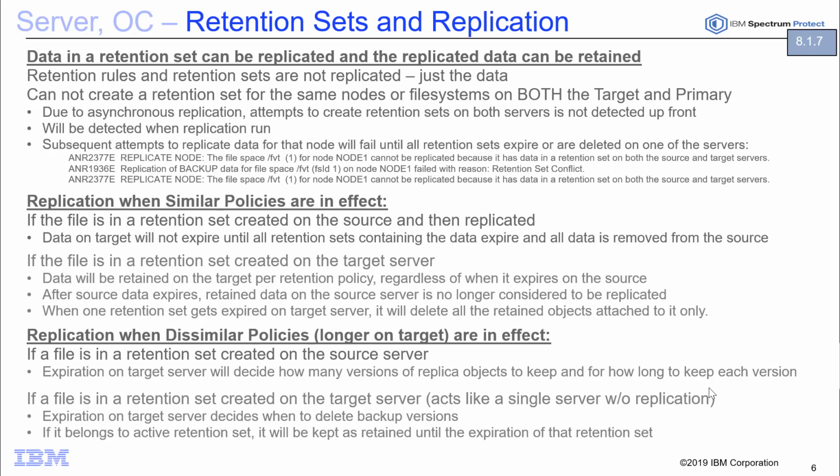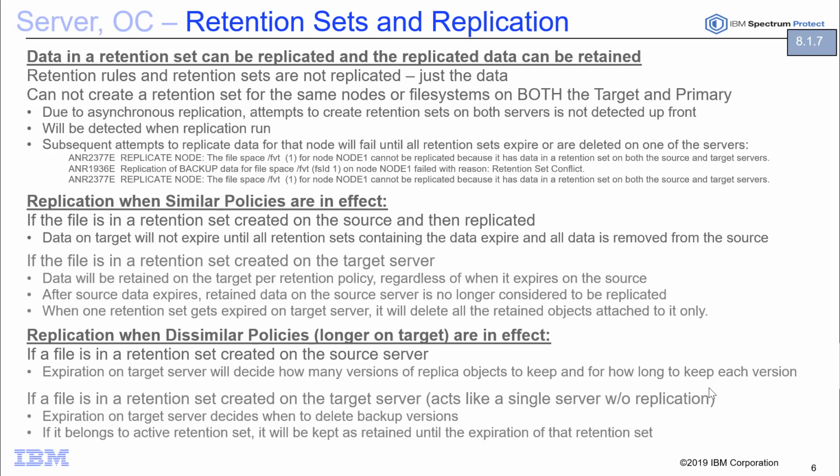You will see ANR 2377E errors, and we won't allow replication to continue until you delete the retention set on either the primary or target server. You'll have to choose.